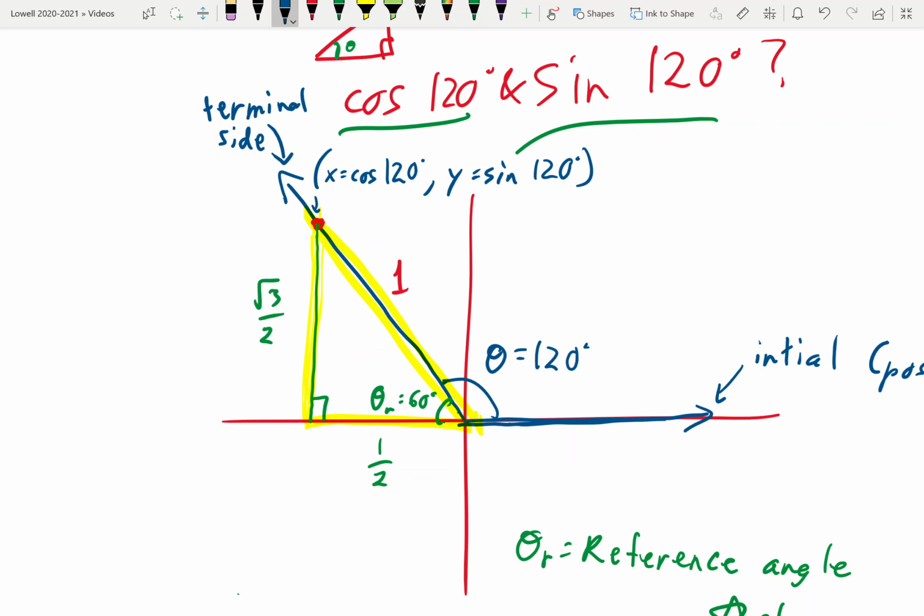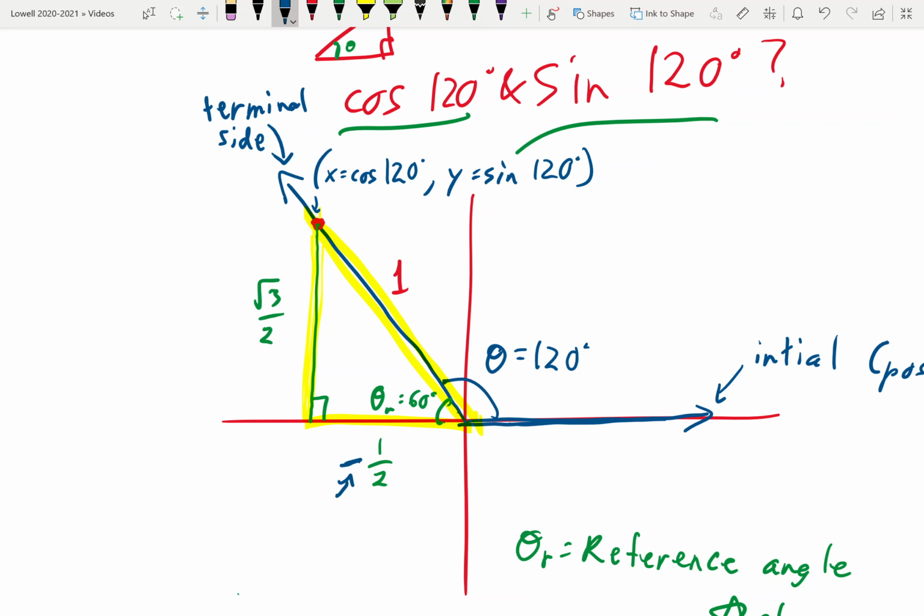So what we're saying is to get the coordinates you went 1/2 in the x direction, which is to the left, and then you went root 3 over 2 in the vertical direction, straight up. Since this is 1/2 and you're going to the left, this should actually be negative 1/2. This is really, really important.